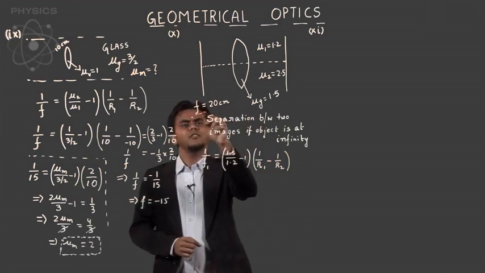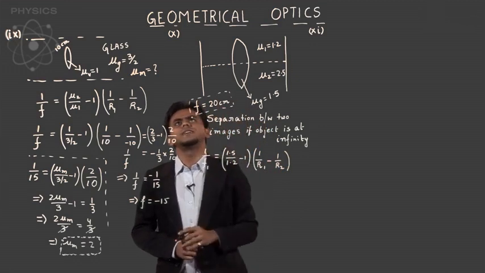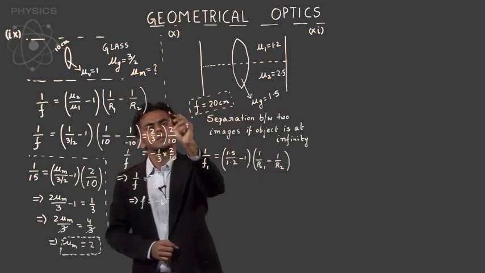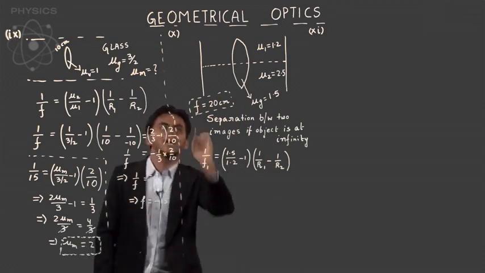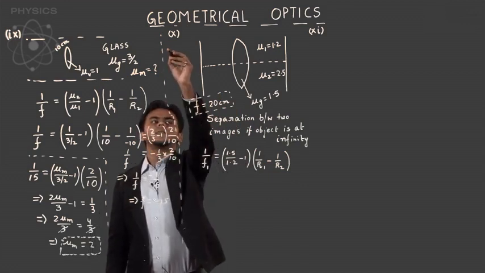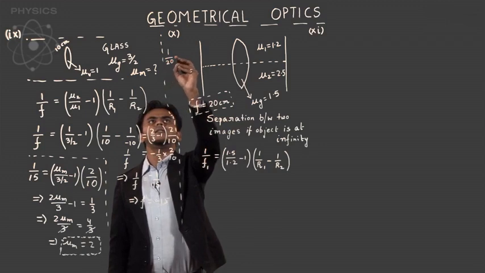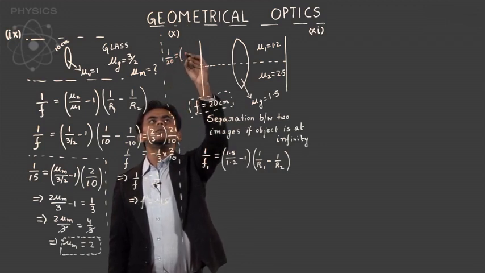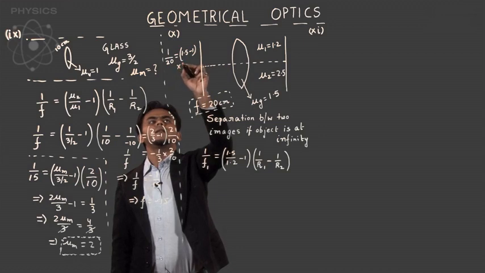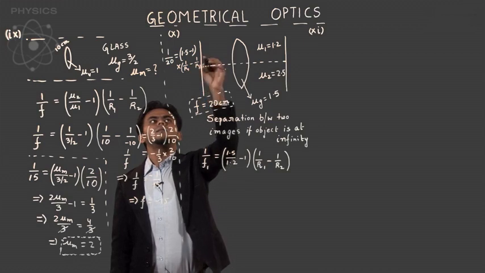What? f in vacuum is 20 centimeters, which means that if I do a further analysis, I'll get 1 by 20 is equal to (1.5 minus 1) multiplied by (1 by r1 minus 1 by r2).